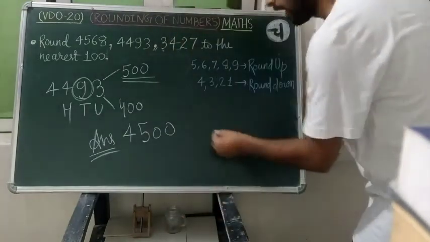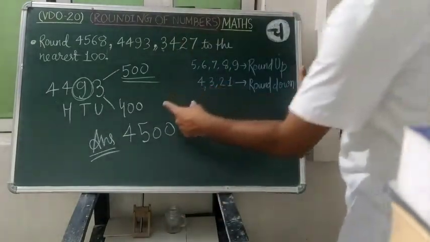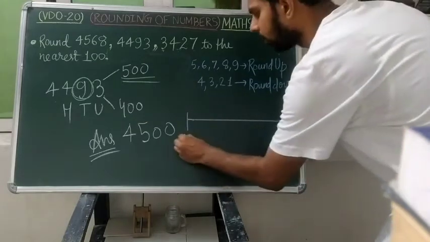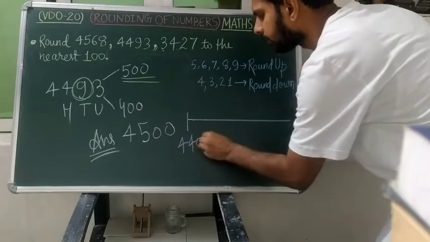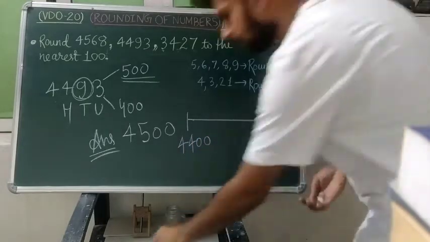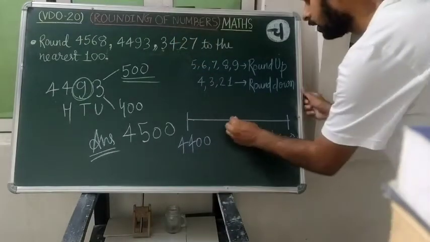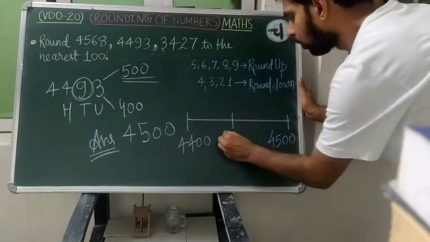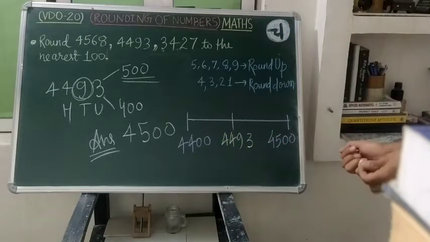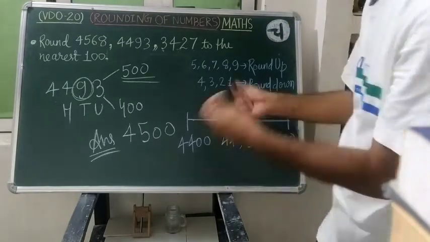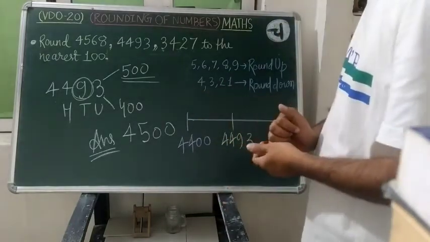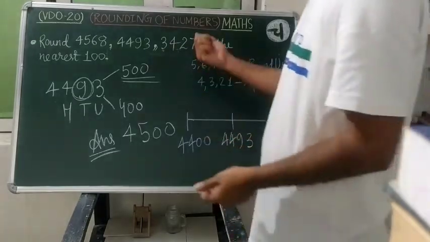You can look once again that 4493 will be present between 4400 and 4500. Somewhere in between this 4493 will be present. And after rounding off, we are looking that we are going up.